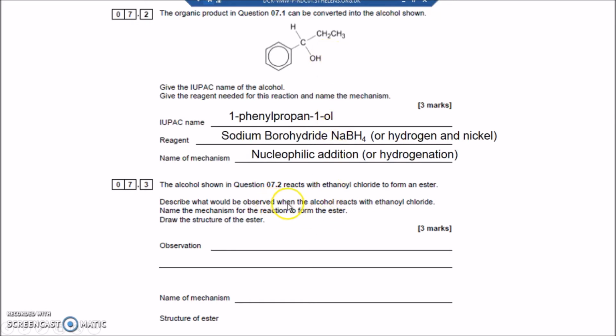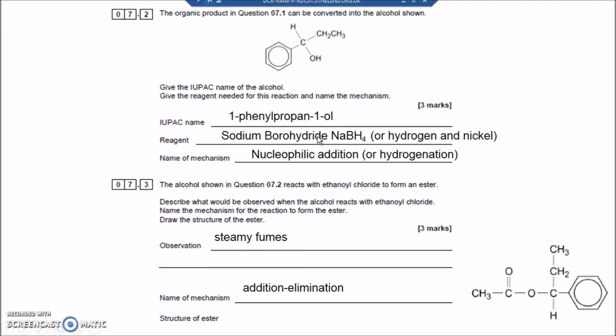So describe what you would observe when the alcohol reacts with ethanoyl chloride. Well, ethanoyl chloride, I've already said, makes white steamy fumes of hydrogen chloride. Name of the mechanism, addition elimination. So the structure of the ester would look like this: it would have this benzene ring connected to a CH.